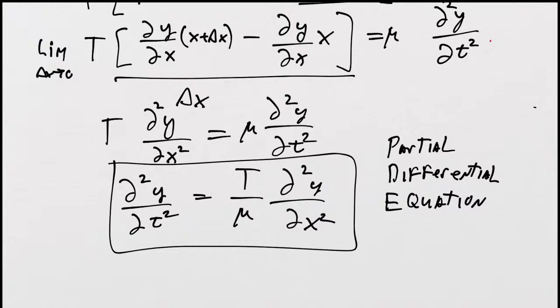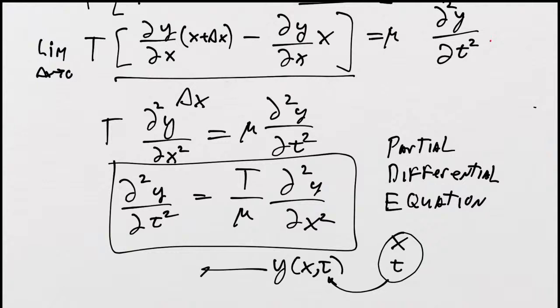And the answer to this partial differential equation is a function y of x and t. You give me the position on the string and some time after you pluck it, you plug them in here, and out gives you the vertical position of that spot on the string at any time, and it can be positive or negative.